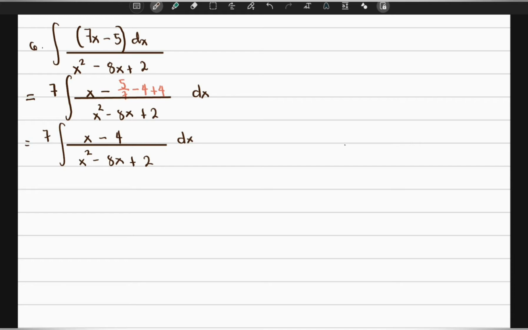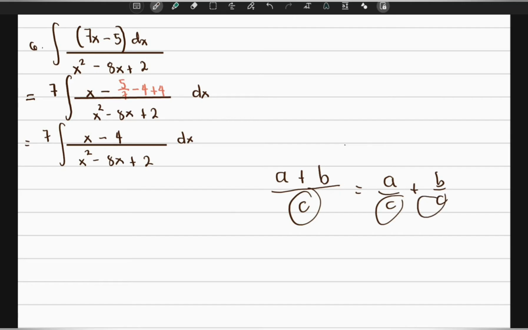Ayan. So, tapos, saan napunta yung isa pa? Yung 5 over 7 plus 4. So, you know that from the addition of fractions, a plus b all over c is equal to a over c plus b over c. Okay? As long as they have the same denominator, we can split the numerator using the operations.